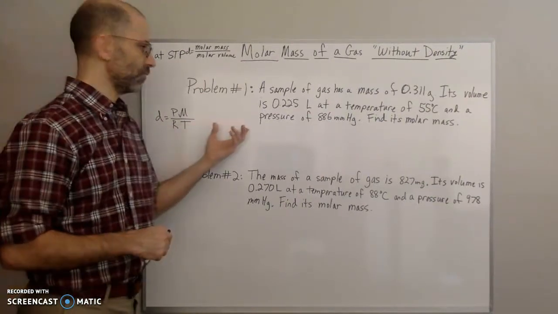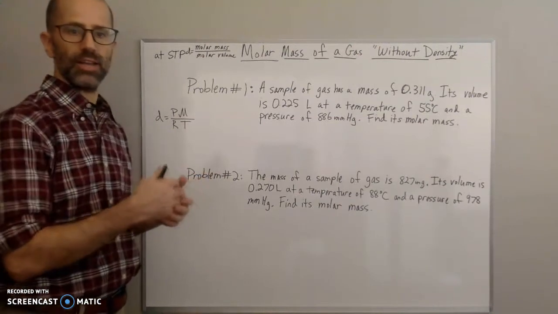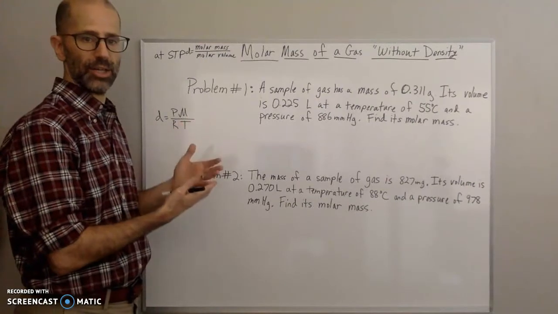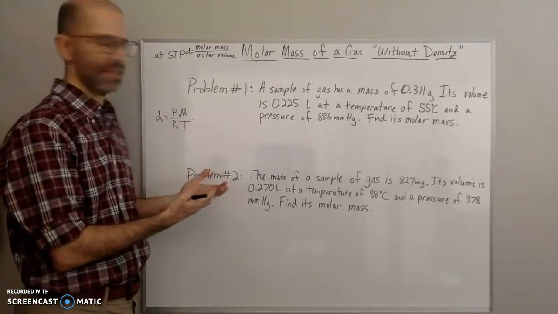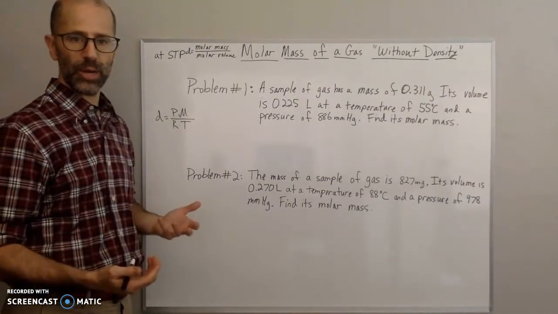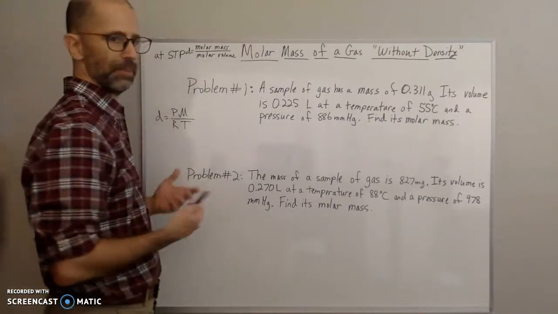But if they gave you the mass in grams and the volume in liters, you could just divide grams by liters, and that would give you the density of the gas. And then you could use this formula here. So either way is fine. So let's try it the other way.